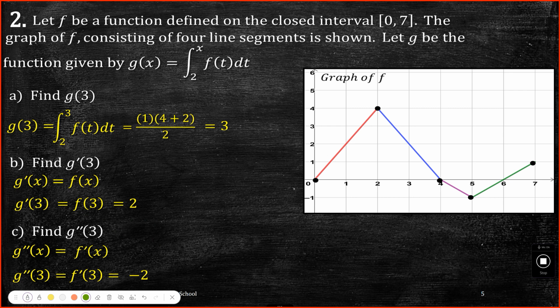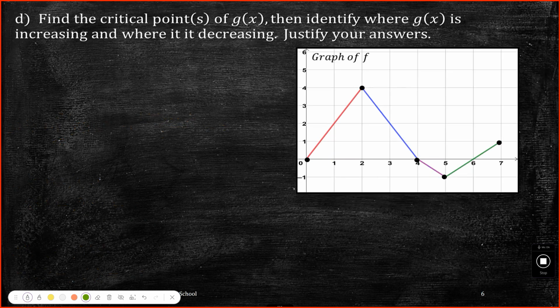Good, moving on. D, we'll continue on. We did A, B, C, we're on to D. What are the critical points of G of x? Identify where G of x is increasing and where it is decreasing. Justify your answers.